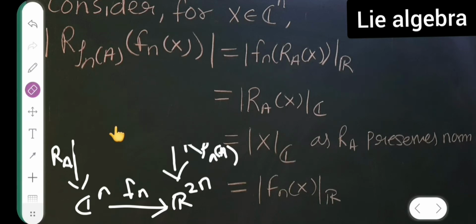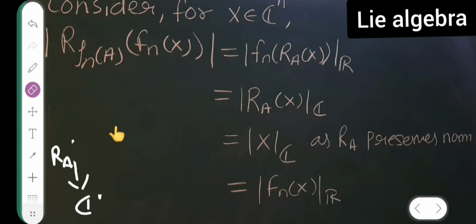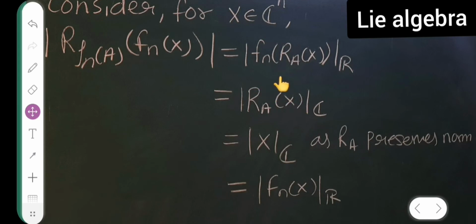Okay, let me clear this part. You all have to know some definitions so that you'll come to know this is written as RA of x. And then because I have to make it complex, right, I have already told you all.